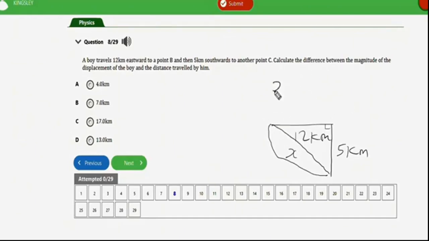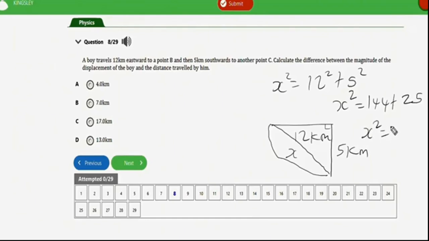This will give us x, the hypotenuse side, x squared equals 12 squared plus 5 squared. So we have x squared equals 144 plus 5 squared, which gives 25. Let's punch this on the calculator.